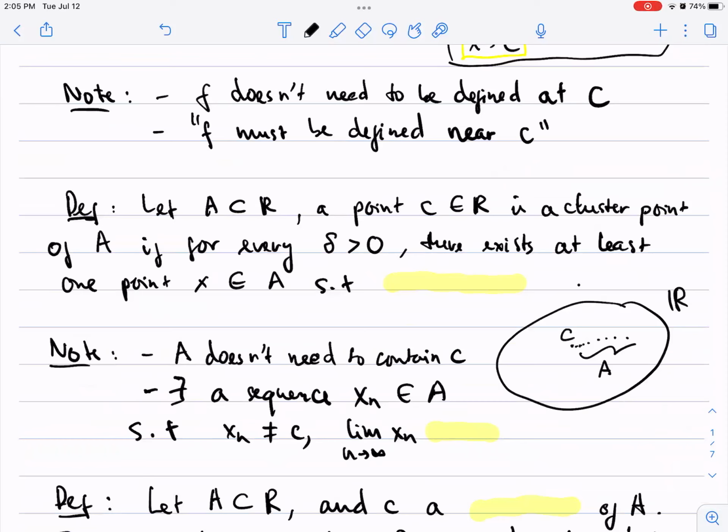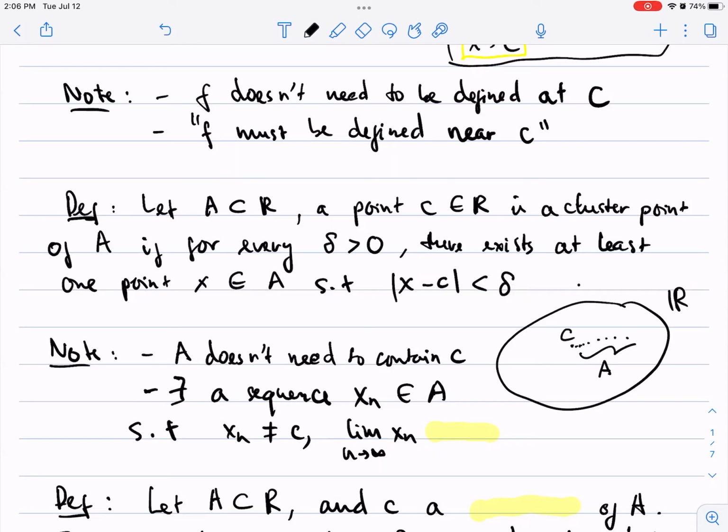Let A be a subset of the set of real numbers. A point c in the set of real numbers is a cluster point of A if for every delta greater than 0, there exists at least one point x in A such that the absolute value of x minus c is smaller than delta.